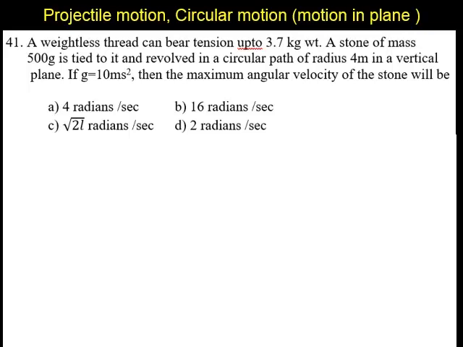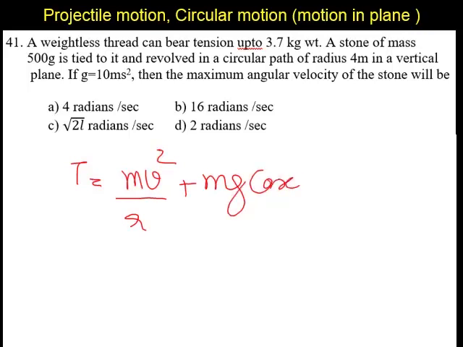So if a particle is moving in a circular path, for maximum angular velocity, what is the maximum tension we will calculate? The formula for the tension is T equal to mv square by r plus, actually it is mg cos theta, but for maximum we will put it as simply mv square by r plus mg, taking cos theta as 1.